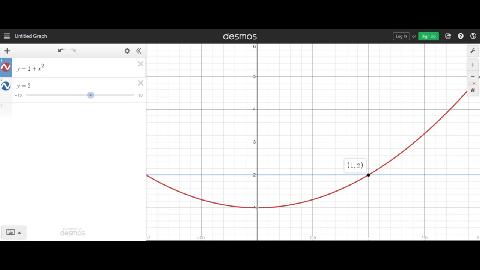Okay, so let me ask you this. Hold on. For coordinates on the function that have y values smaller than 2, what's the range on the x?